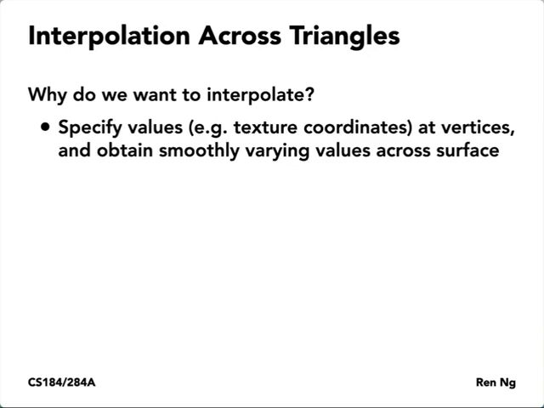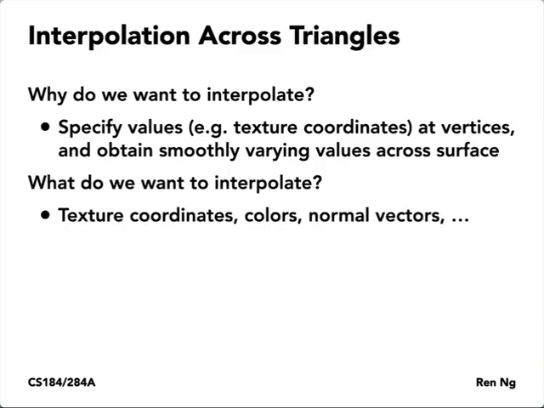And you might also want to specify certain key object properties just at that coarse resolution, just at the vertices. And then we would think about interpolating them in between the vertices across the surfaces of these triangles continuously in rasterization. And that would give us smoothly varying values across the surface.